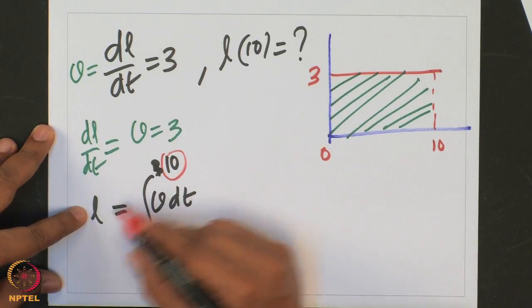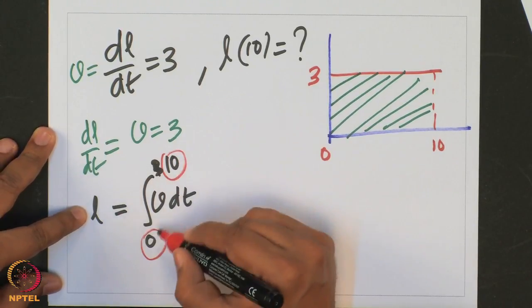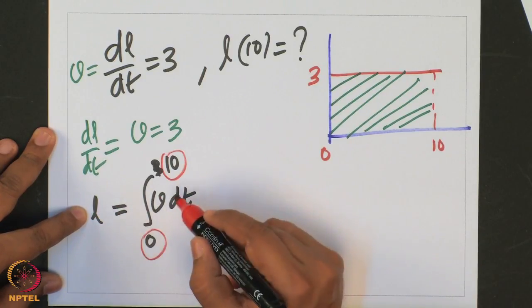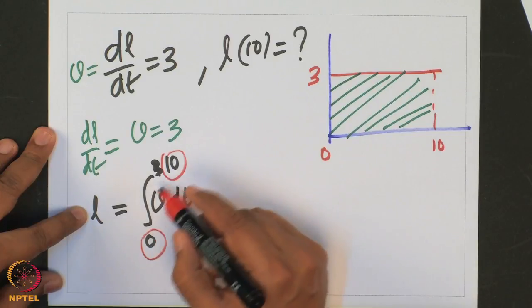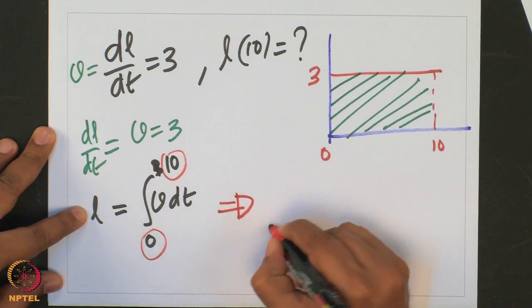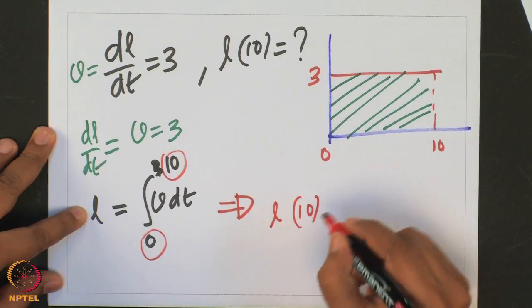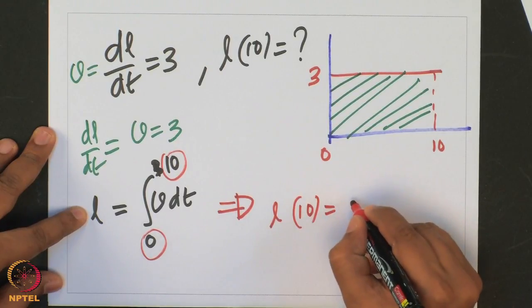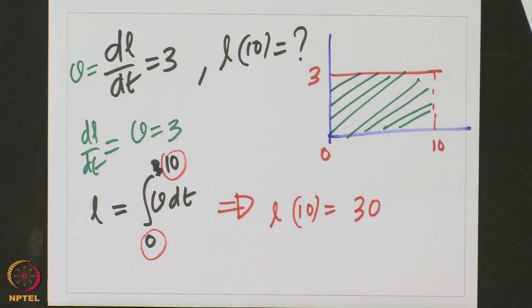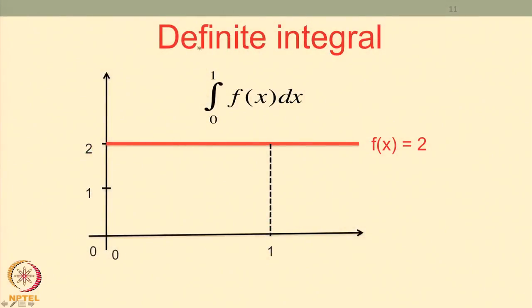If I know the length at 0, I want to calculate the length at 10, and the way to write it is the integral from 0 to 10 of v dt. If I do this, I will get L at 10, and it will turn out to be 30.